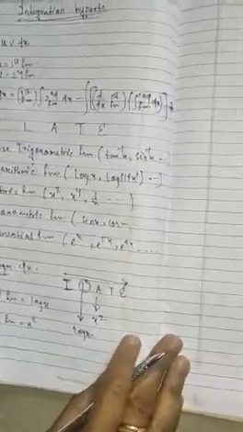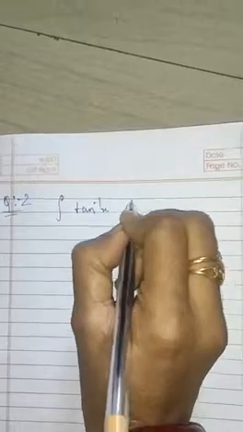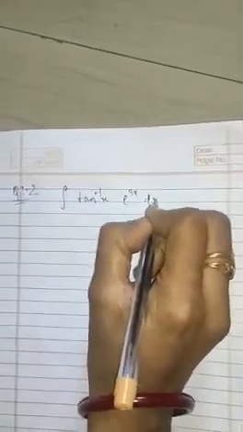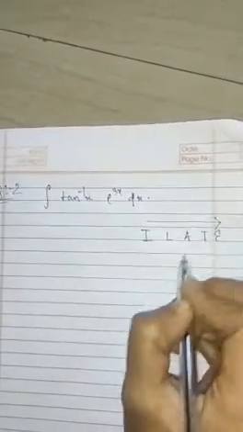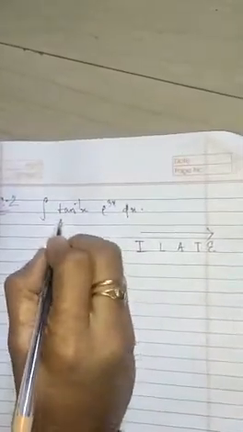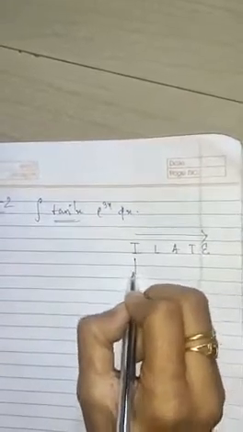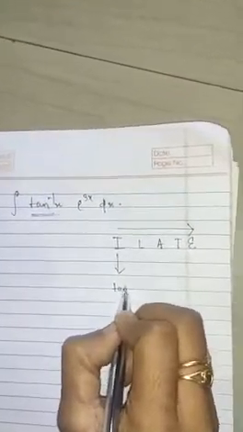Okay, let's take another example. Question number 2: integration of tan inverse x times e to the power 3x. Again write down the ILATE rule, and follow the order from left to right. Tan inverse x comes under the letter I as it is an inverse trigonometric function.